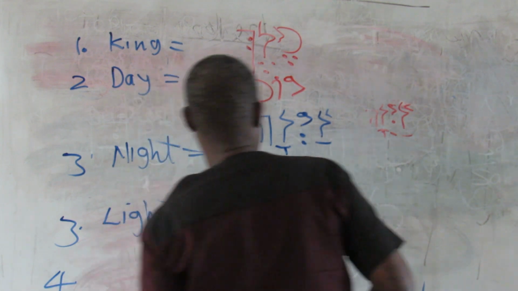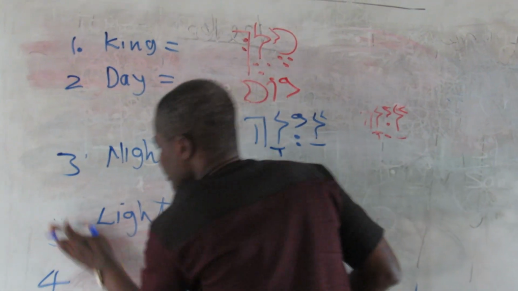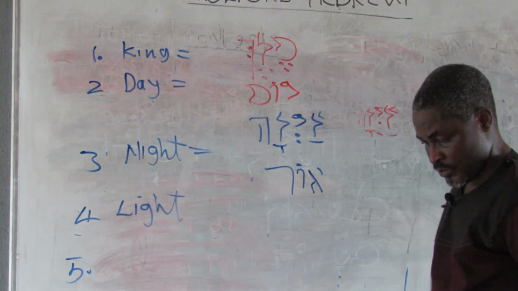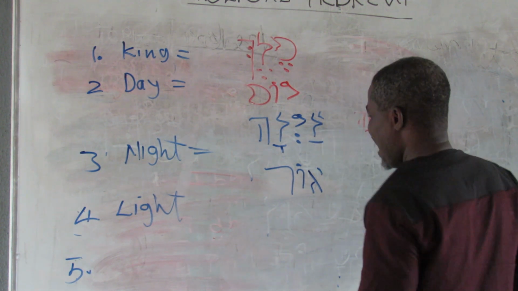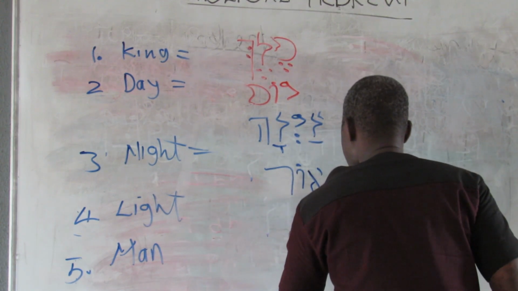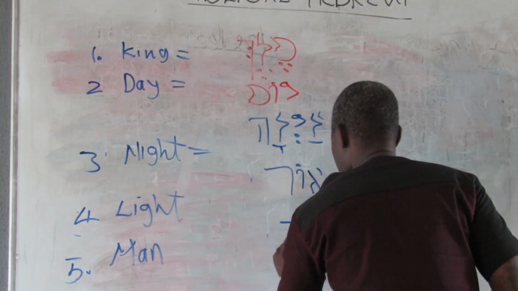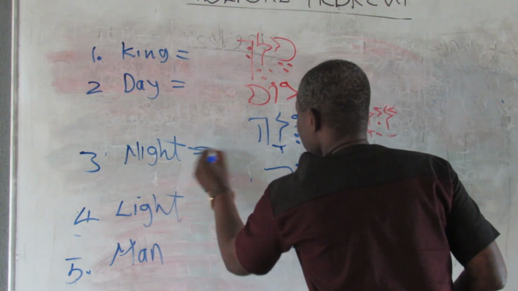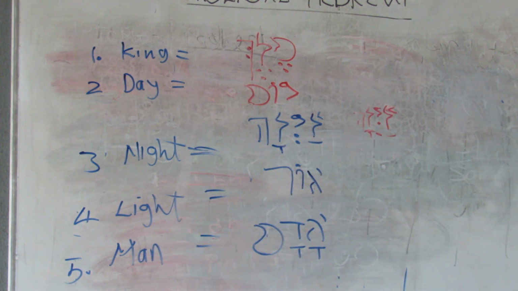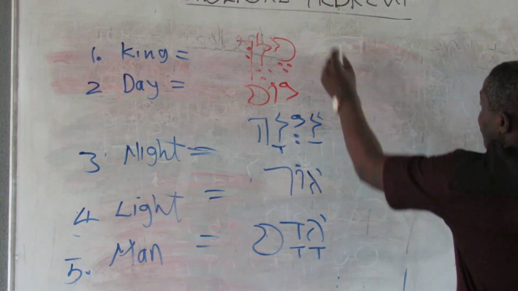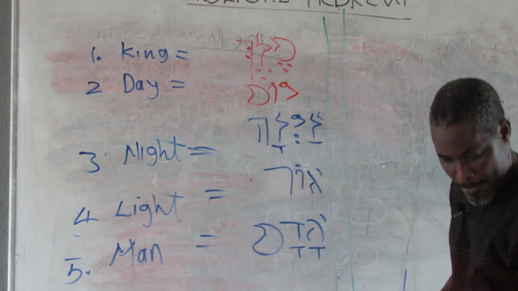Then 4. Now I've given us 4 already. This should be number 4, and this should be 5. Let me give us the word man, mankind, which is Adam. That stands for man. We have 5 already, and our board is filled up. Let me just put a demarcation here, then proceed to the 6th one.